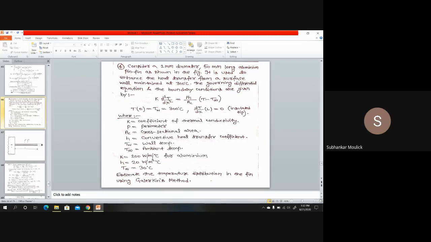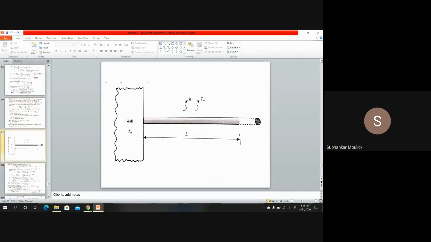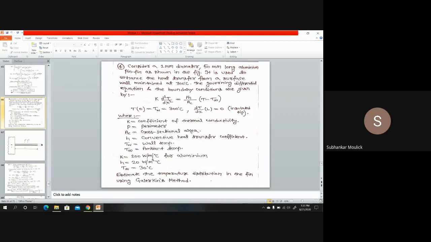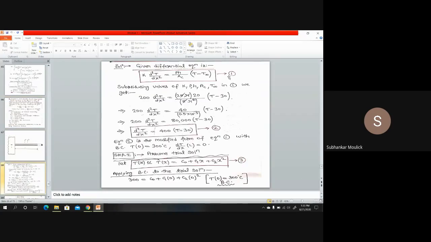So let us solve the problem. We have to solve this problem by the Galerkin method. The very first step is to identify the given differential equation satisfying the given problem. That differential equation is K d2T over dx2 is equal to P into h by Ac (T minus T infinity), equation number 1.